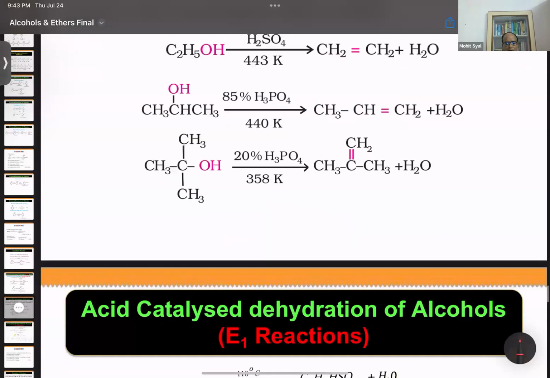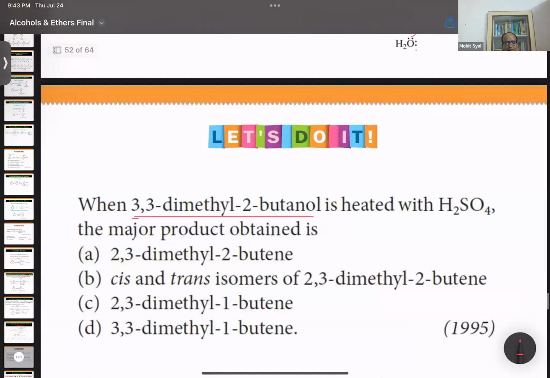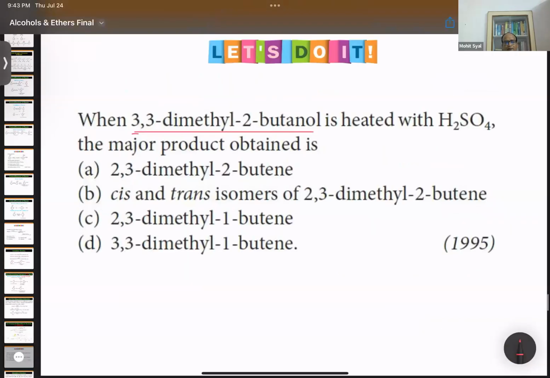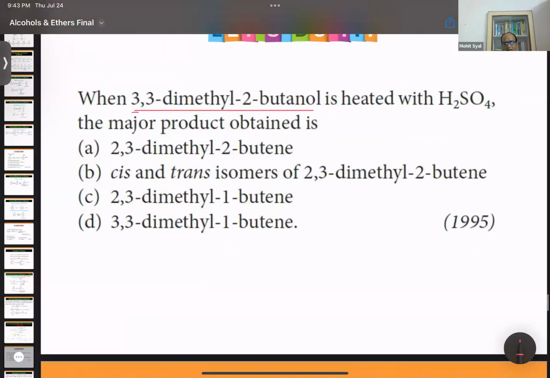Yeah, Justin. So let's check whether we are getting the right answer or not. Okay, so 3,3-dimethyl butan-2-ol. Yeah, this is the structure. So you will remove the OH, right? So option A, dimethyl. Yeah, exactly.